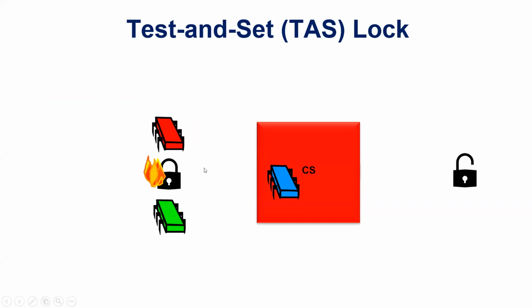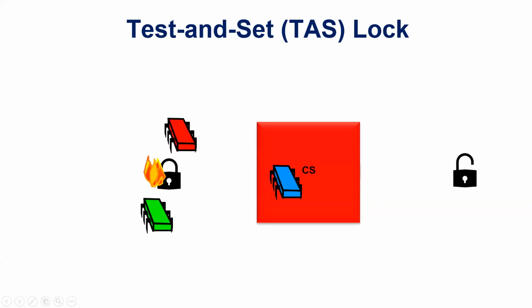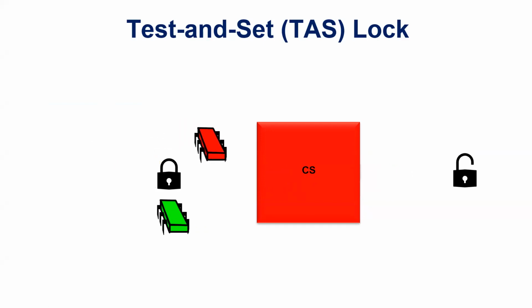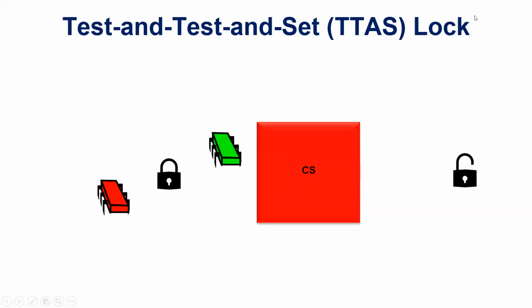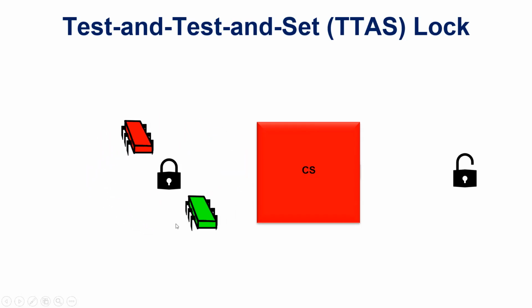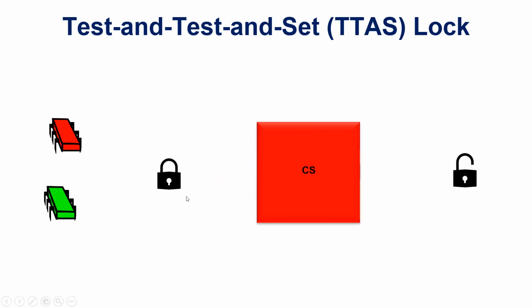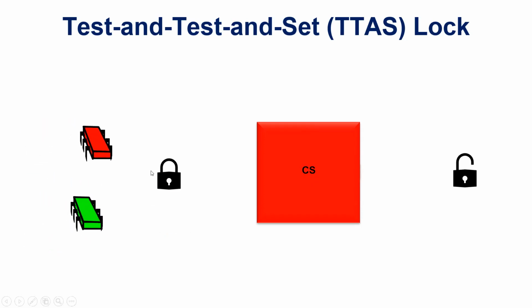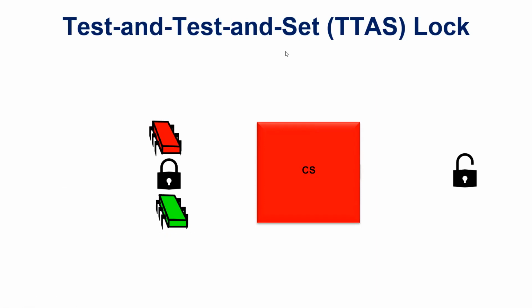To avoid that problem, we go with the concept of the test and test and set lock. The advantage here is that instead of continuously spinning on the lock variable, these threads first read the lock variable status. Once the lock is available, all these threads try to perform the get and set operation on this variable.